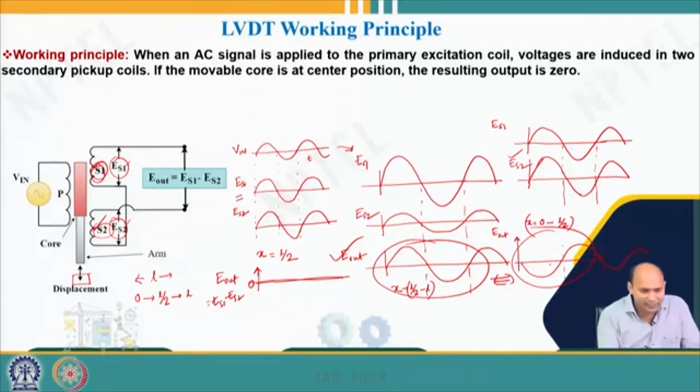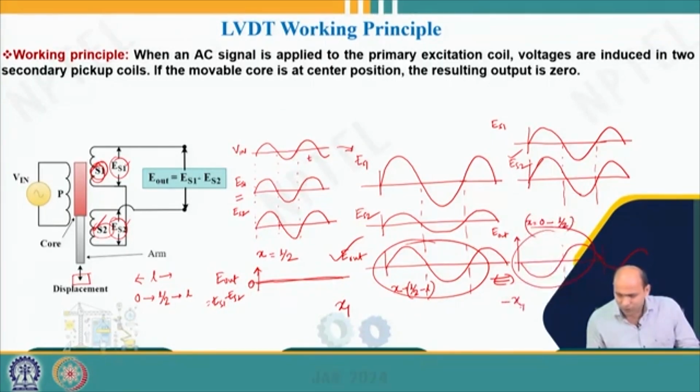If I consider equal amplitude, suppose towards S1 I have moved x1, and towards S2 I move minus x1, then the amplitude may be the same, but what is the difference? The difference will be with respect to the phase characteristic, is not it?